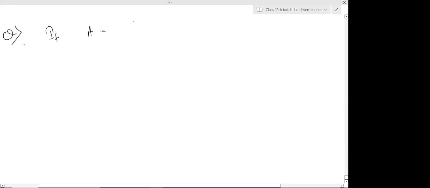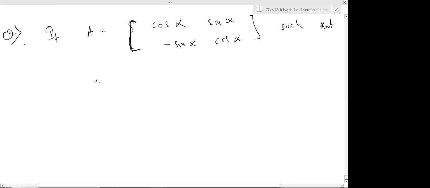If A is equal to the matrix with rows cos alpha, sin alpha and minus sin alpha, cos alpha, such that A transpose is equal to A inverse, find alpha. All right, very easy question. Let's solve this one.